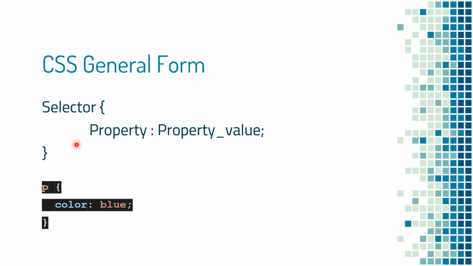So when it comes to CSS, there's a general form. If you understand this general form, then I don't think you're going to have any problem working with any project using CSS. Okay, so the general form is going to be something like this. This is the selector.